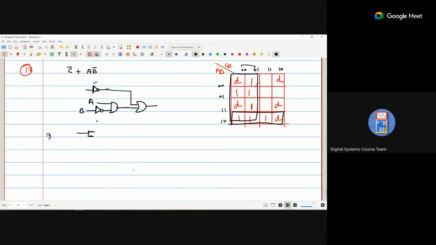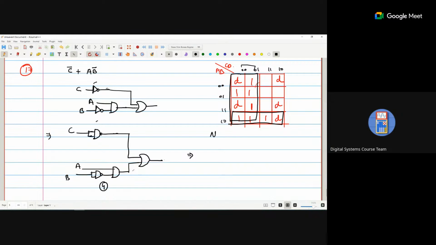So two input gates: C, this is the NAND gate, B, NAND gate with A. And then the number of gates is 4.